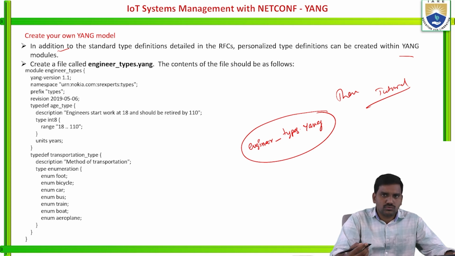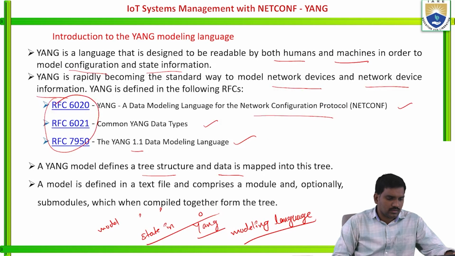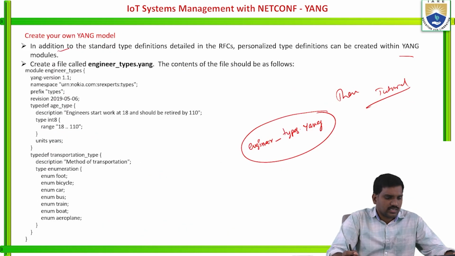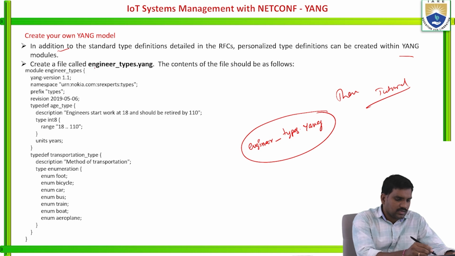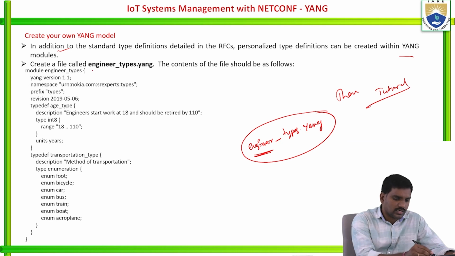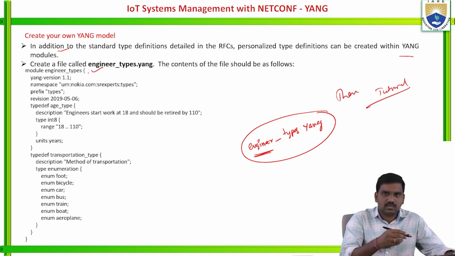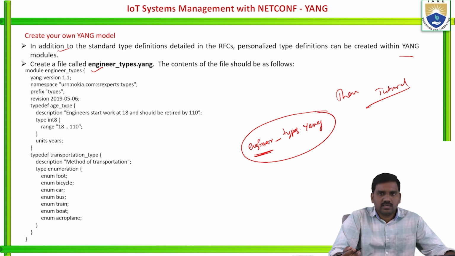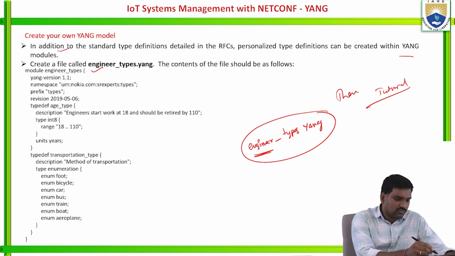Here the first line starts with module engineer_types, then curly braces begin. Then yang-version: we define which YANG version we are going to use for writing this program, 1.1.